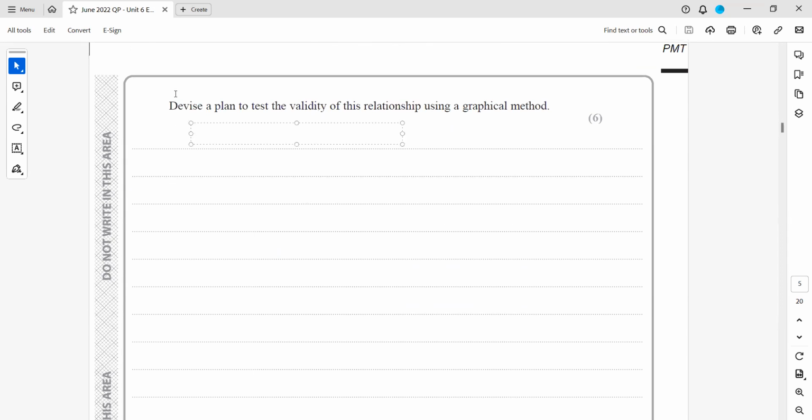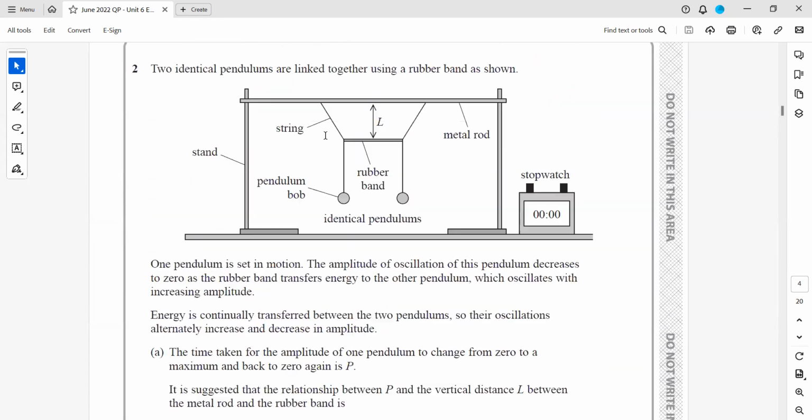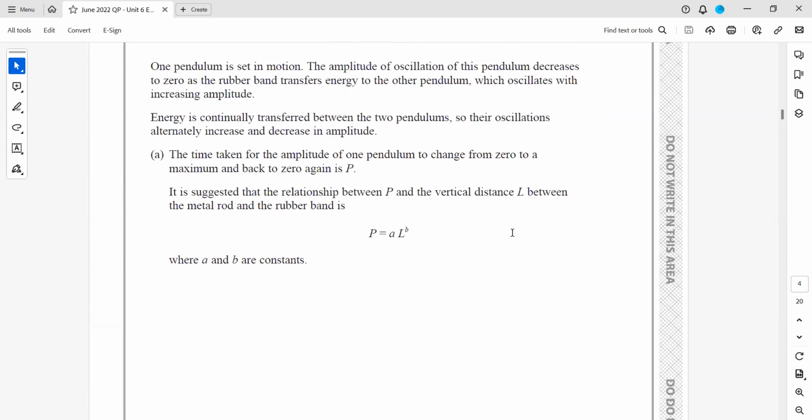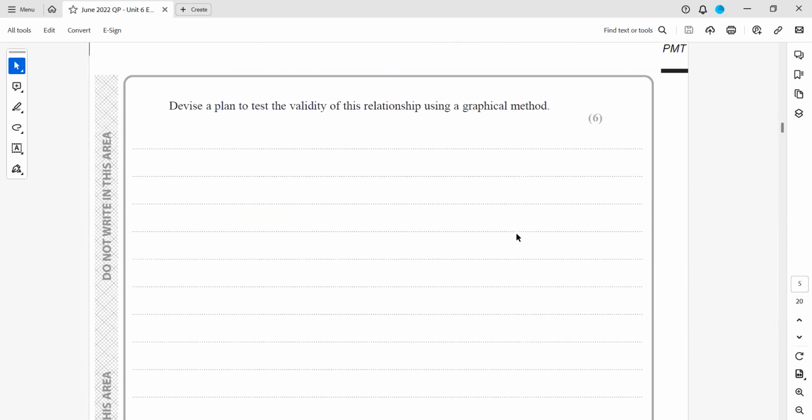So first what we'll do, L is a length and T is actually a time. First thing, we'll measure the length L by using a meter rule. And when you devise any experiment, it's important that you mention the sources of errors and the precautions.